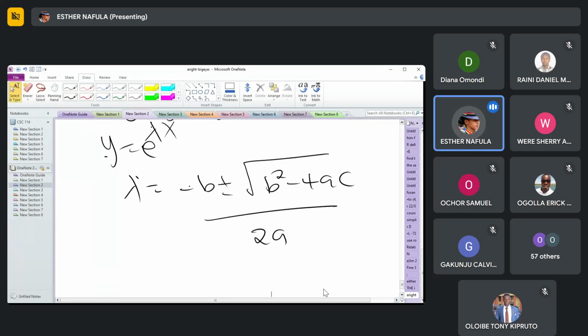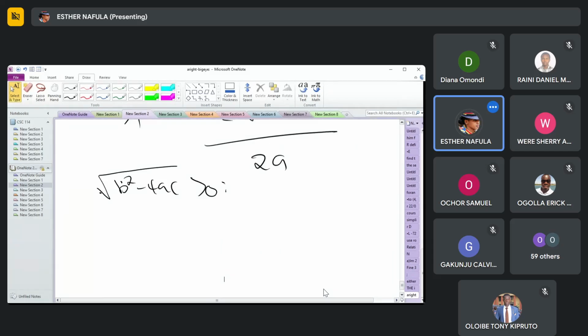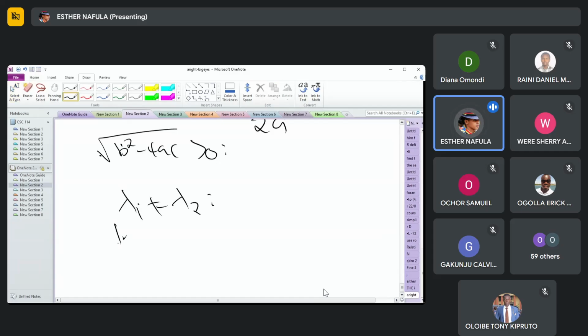So this lambda can have 3 possible cases. Case 1, when b squared minus 4ac is greater than 0, you'll have lambda 1 not equal to lambda 2. We call these real distinct roots.